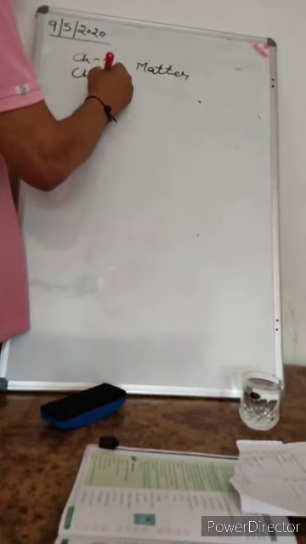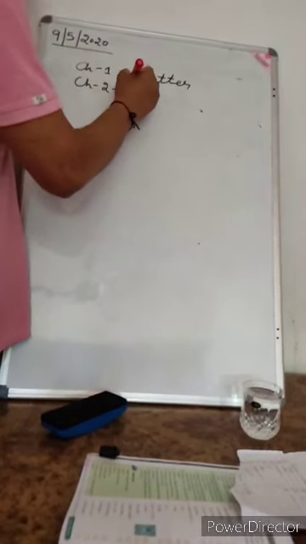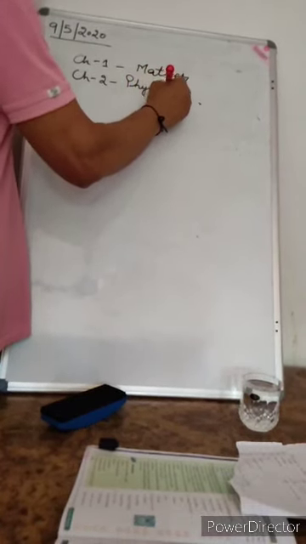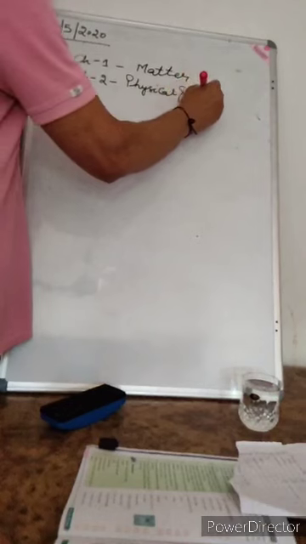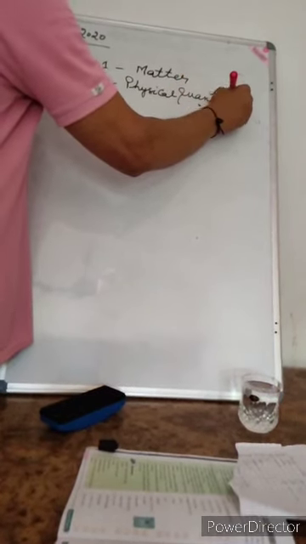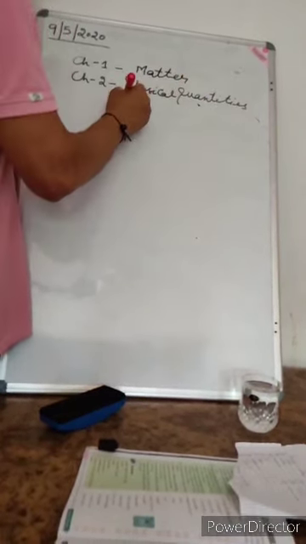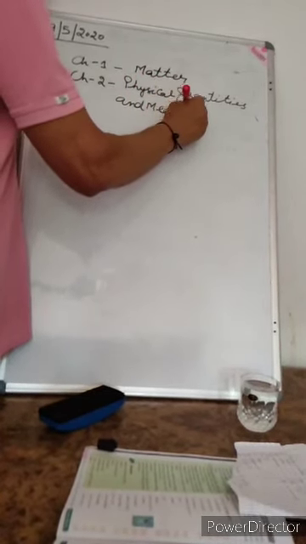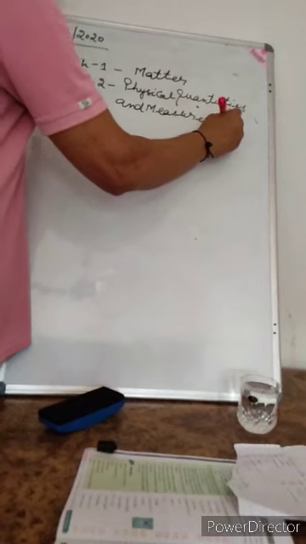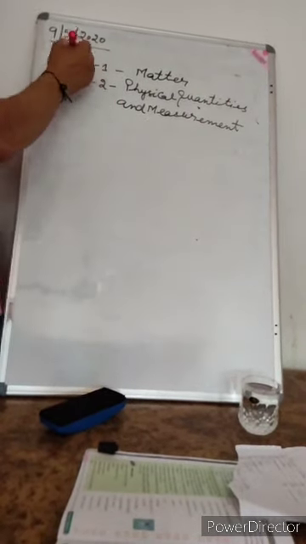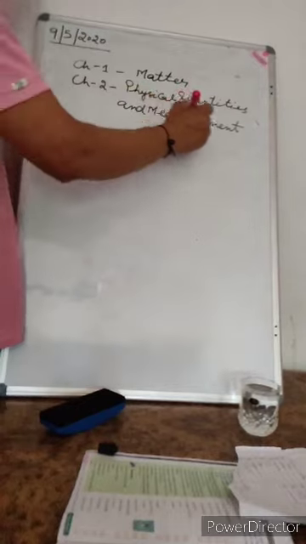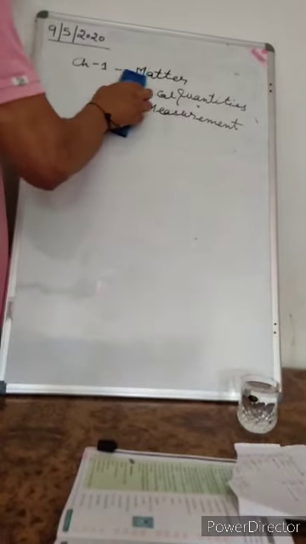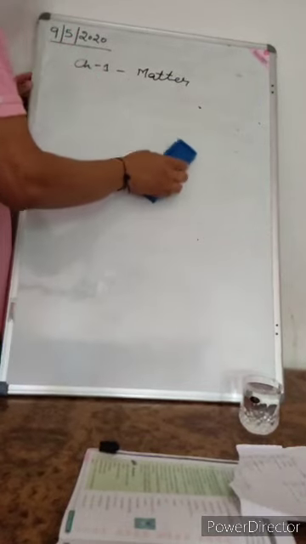Chapter number 2, that is physical quantities and measurement. So these are two chapters which are there for the first term. So today we shall start with the first chapter, that is matter.